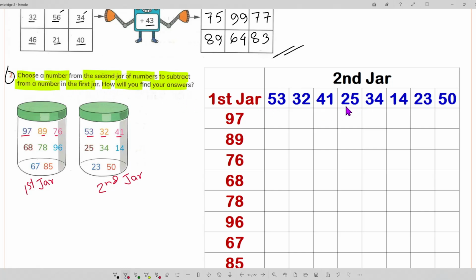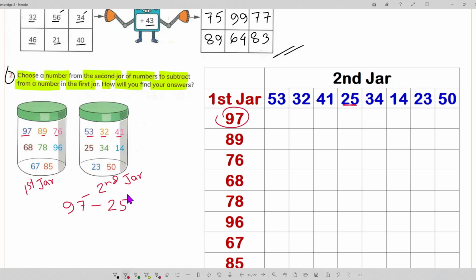Now here it says choose a number from the second jar. Suppose we choose 25, and we want to subtract it from 97. So what will happen? Look, 97 minus 25.